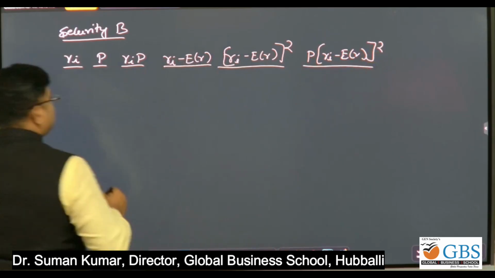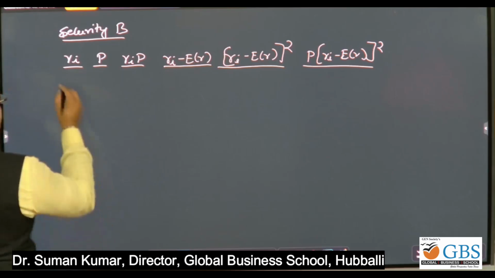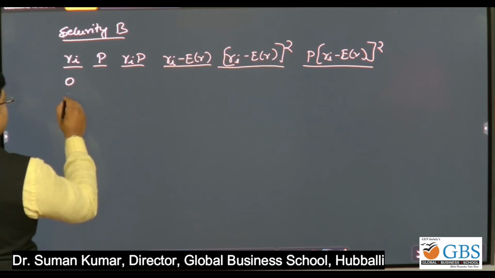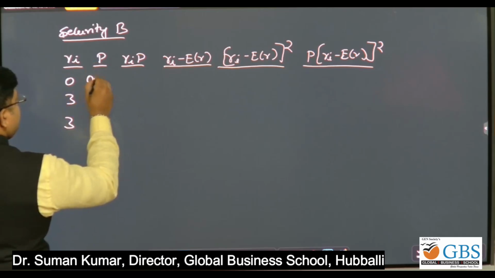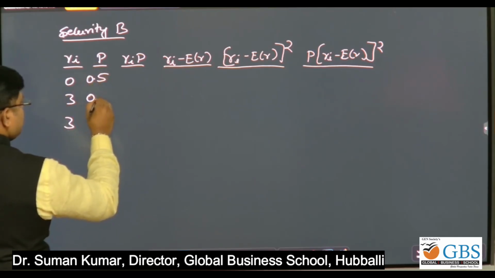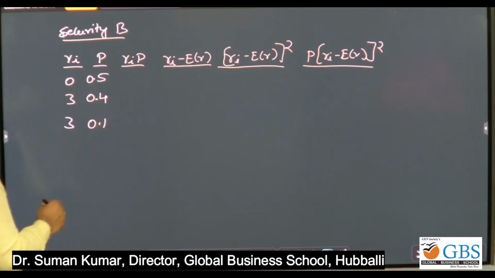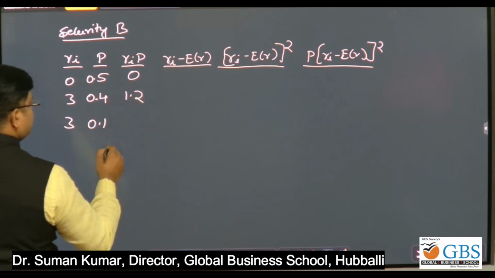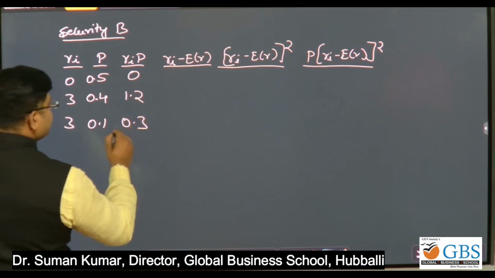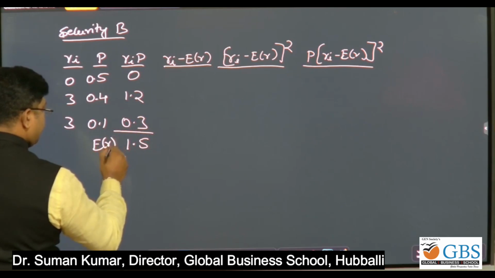Can you please help me out to write down Ri of security B. 0, 3, 3. P 0.5, 0.4, 0.1. So this becomes 0, 1.2, 0.3, 1.5. E of R is equal to 1.5.